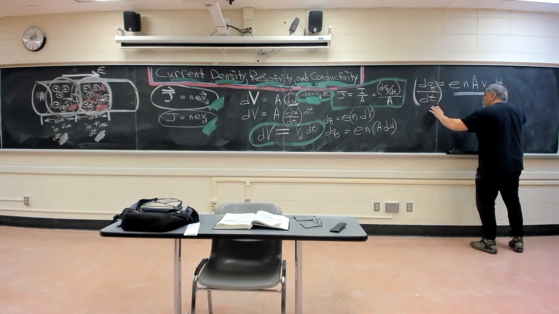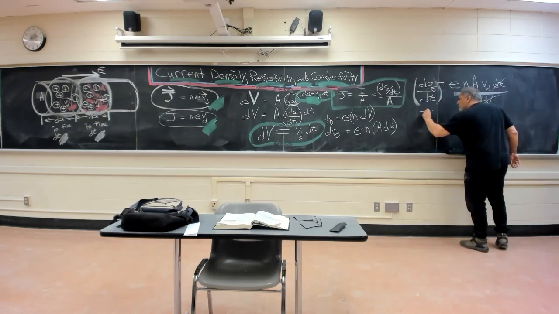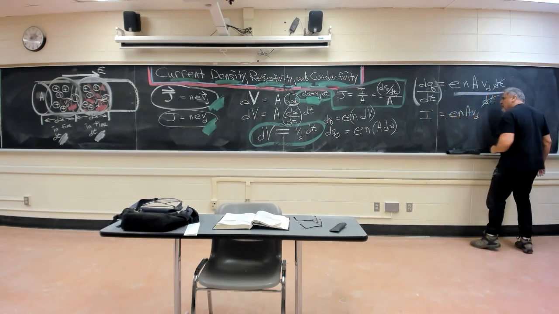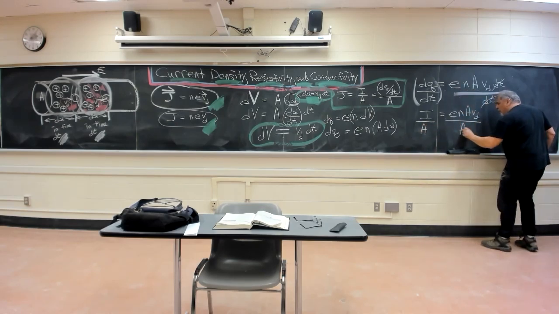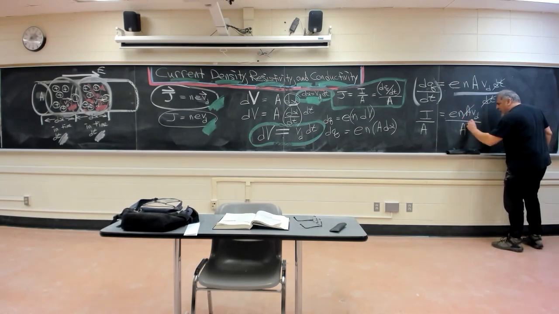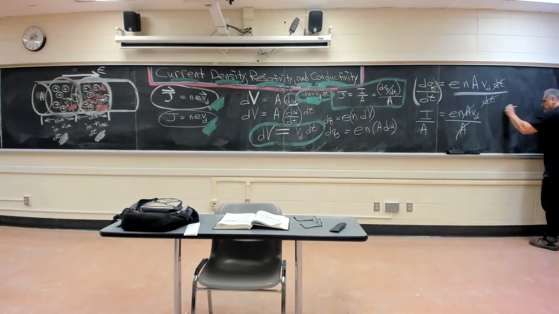Divide by dt on each side. I equals ENA V sub D. Divide by area. Yeah, what I wrote earlier is fine. Perhaps you can use it in some context, but this is so much more abbreviated and yet very accurate at the same time. Divide by A on each side. J is I over A.